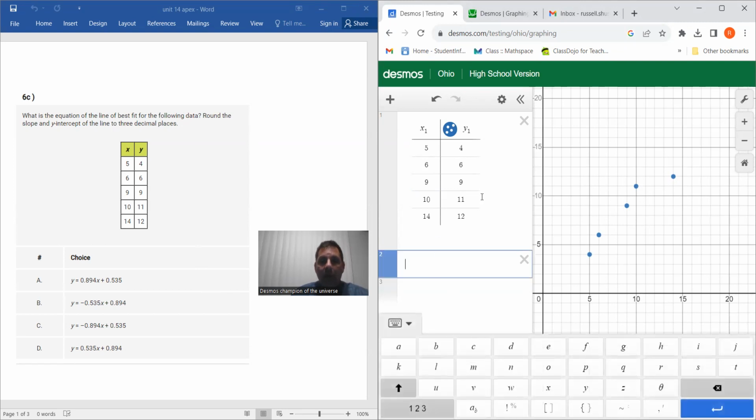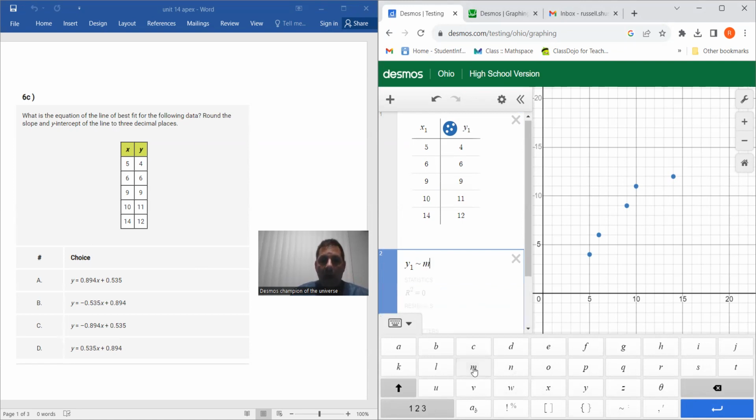Notice it's calling the y's y1, so we're going to type in y1. Now, will it equal it perfectly? No. So we can't put in equals. We're going to use this symbol, which means approximately.